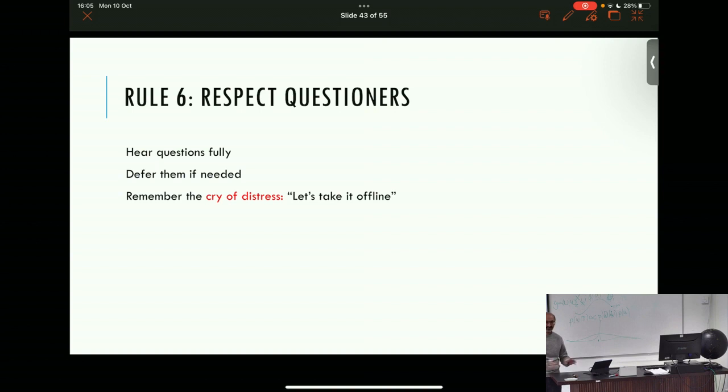You're begging them to let you go, and everybody knows that this is the flag of distress. You run it up, let's go offline, and they'll say, okay, and stop. So whenever you get a nasty questioner and you just can't take it anymore, you can say, let's take it offline. And you know what? It'll always work. And we'll never talk about it again.